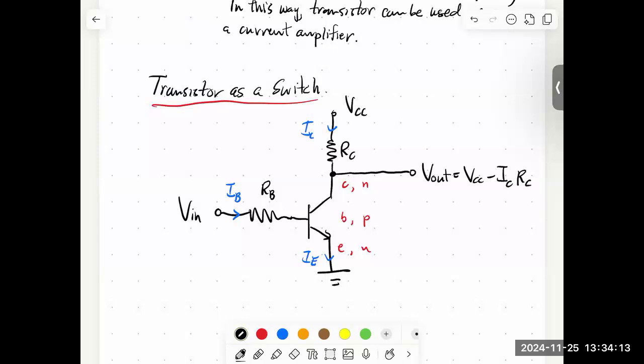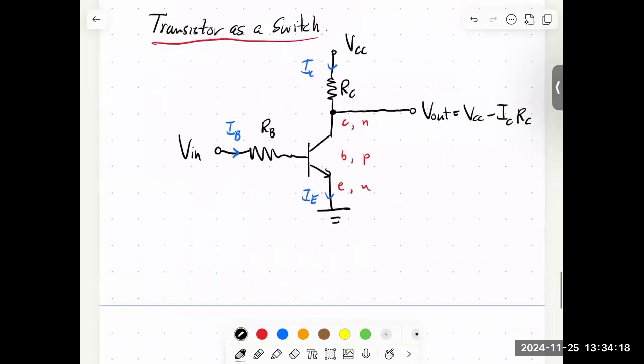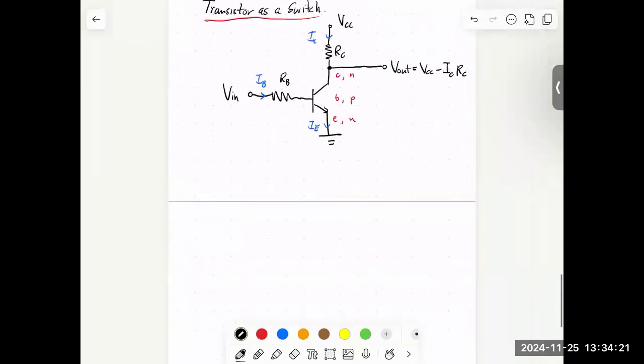And so I want to consider two cases. Case one: let's start with V in less than 0.7 volts. The entire previous discussion assumed that the base emitter junction was forward biased, and in that case we would want V in to be above 0.7 volts.